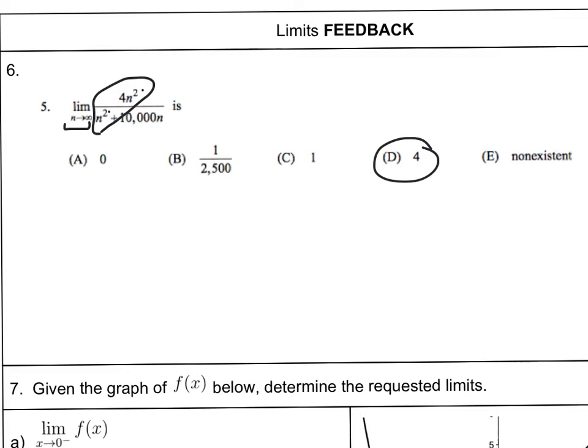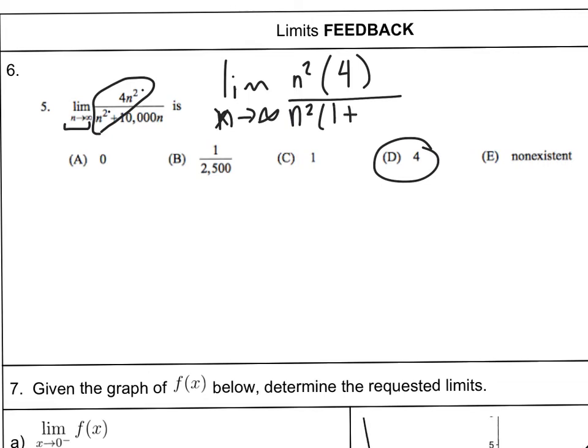In terms of what this means algebraically, if you really wanted to dive into this, you could, and you don't have to do this. So as n approaches infinity, I'm going to factor n squared out of the top and bottom. So we get n squared times 4, and in the bottom, n squared times 1 plus 10,000 over n.